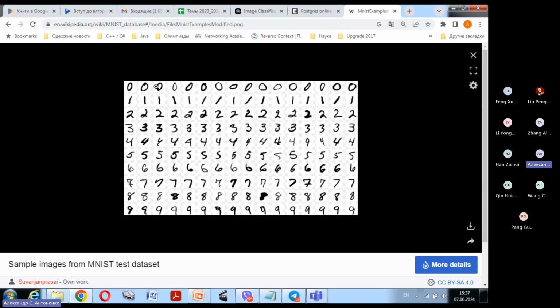So we have only 10 classes, quite obvious classes: 0, 1, 2, 3, 4, 5, 6, 7, 8, 9. When we obtain a picture, we need to understand what digit it is. It is 4. What is this digit? It's not so obvious, but it is 7.